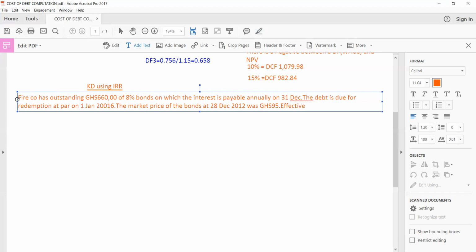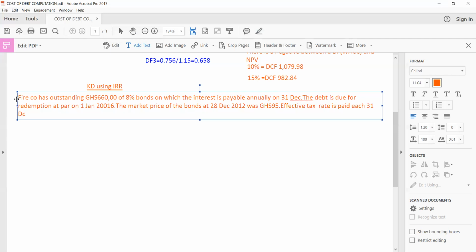Effective tax rate is paid each 31st December. Calculate the after-tax cost of debt. Here we are expecting you to compute the after-tax cost of debt.